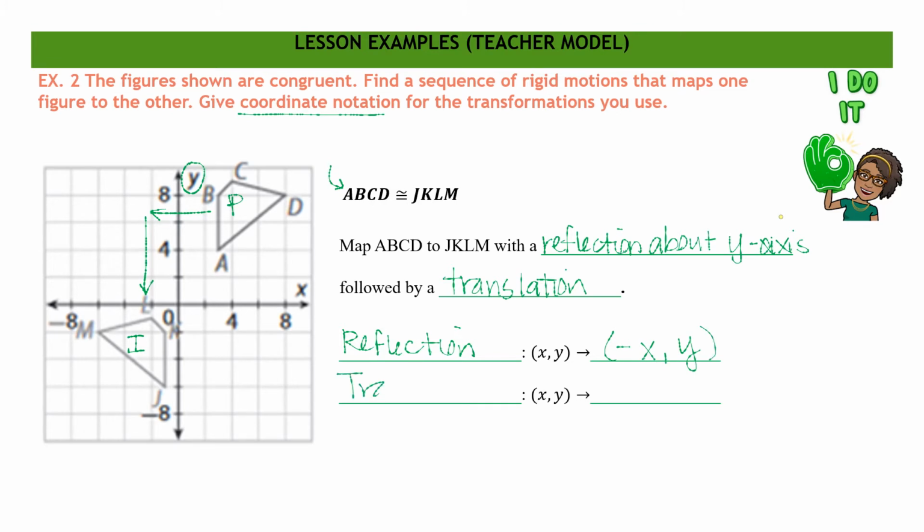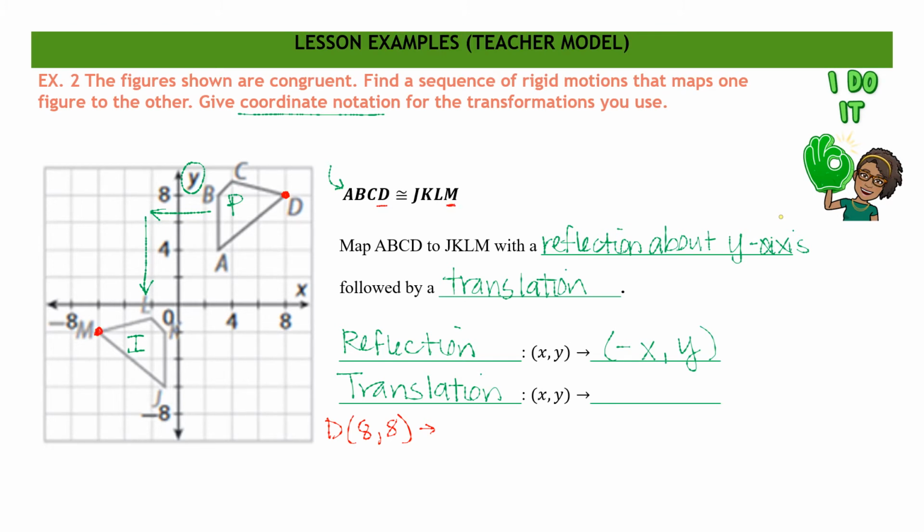For the translation, we're actually going to have to find two points that are easily identified in the graph that are corresponding to each other. In my pre-image, the point that's easily identified is point D, and point D is at 8, 8. Our graph is going by 2's. And then the point corresponding to D would be point M, and point M is here.